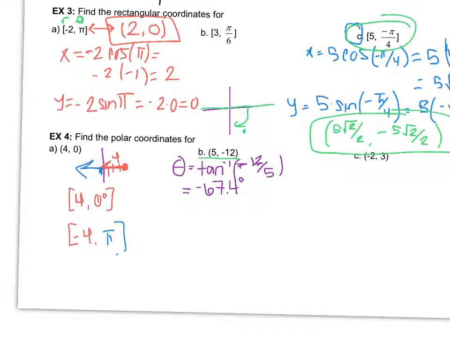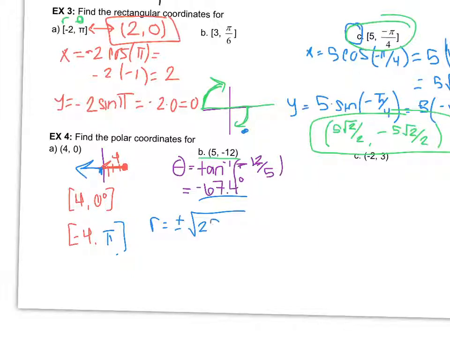It could be from 0 or it could be from 180. So that's something you have to think about every single time you calculate theta using inverse tangent. So for us, that makes sense because we know our coordinate is in quadrant 4, so a negative rotation of 67.4 makes sense. So for the value of r, we know that's going to be the positive or negative value of x squared plus y squared.